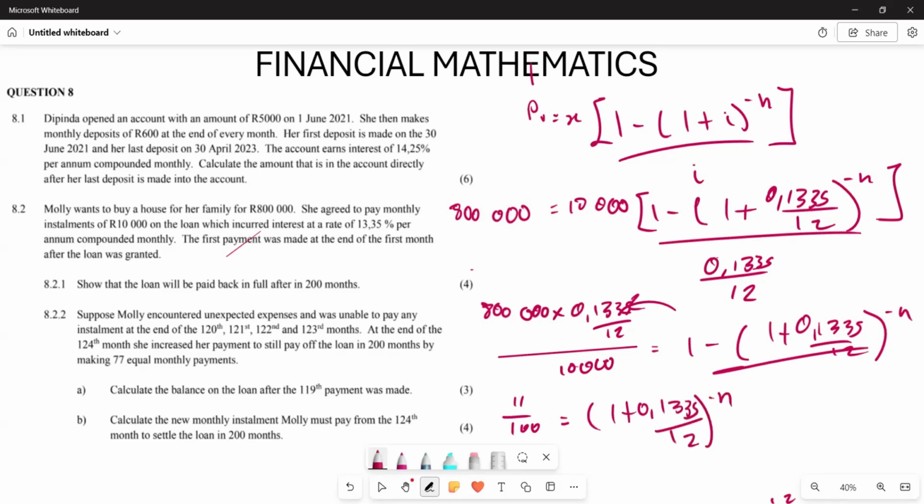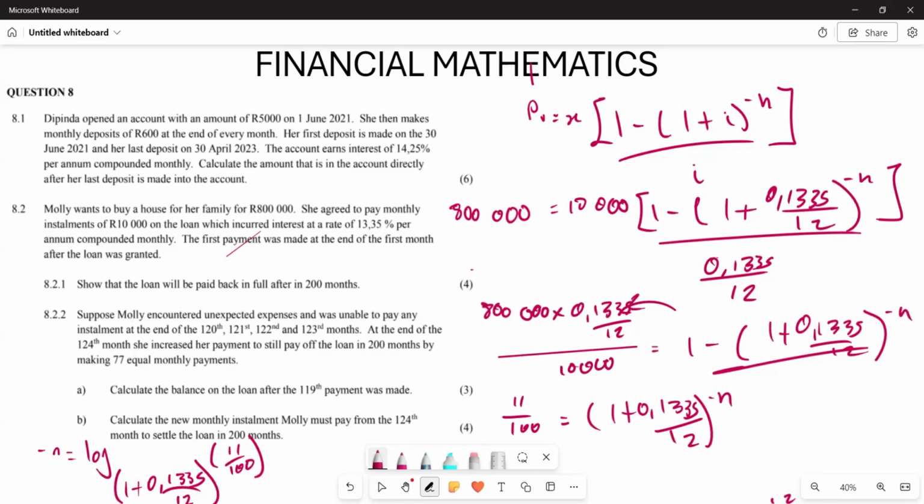Now we are going to do the log, right? So when you do the log, your negative n is going to be the same as log base 1 plus 0.1335 over 12 of 11 over 100, right? Now, what is it that you're going to get here?